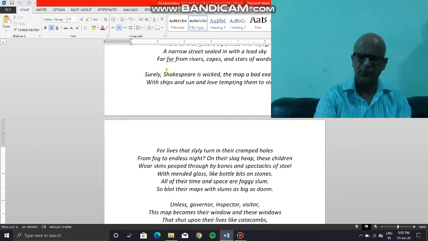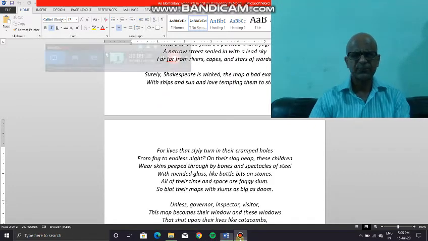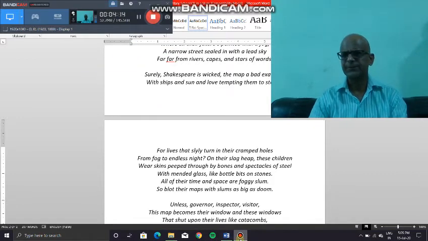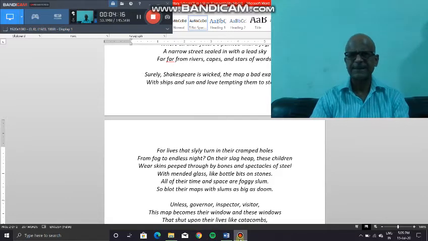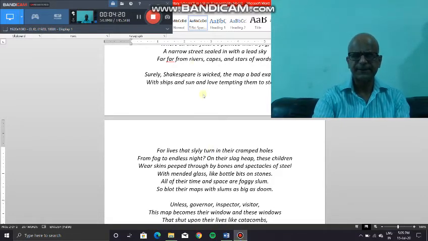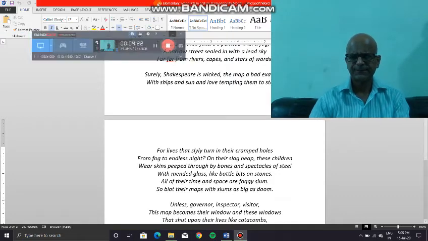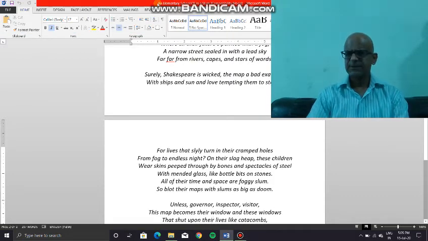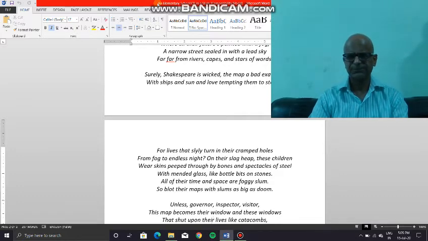Slag again is symbolic of the industrial effluents or waste that has been dumped very near where these children lead their lives. You would see them playing on piles or mounds of industrial effluents, and it presents a very dismal, bleak picture.